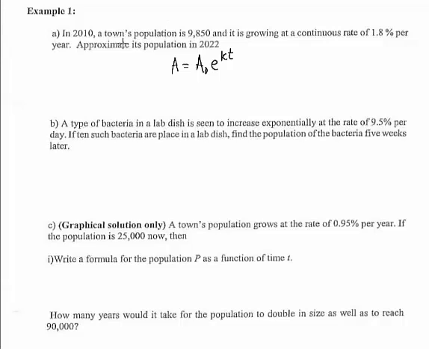So the problem reads, in 2010, a town's population is 9,850, and it is growing at a continuous rate, so we can use this exponential form to describe the growth of this town's population. It gives us a rate, which we'll use in the place of K, 1.8% per year. Approximate its population in 2022.